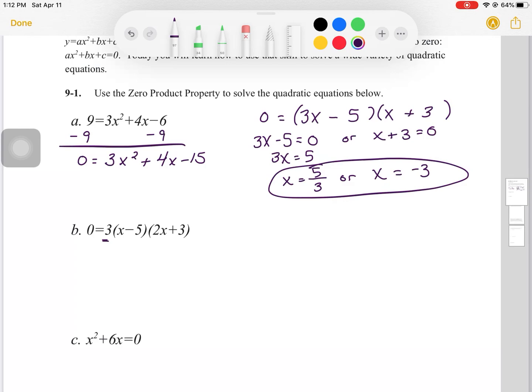In B, the 3 here doesn't really have any impact on the zero product property because it is a constant. There's no variable with it, so there is no way for 3 to become 0. So in this situation, either x minus 5 is going to equal 0, or 2x plus 3 is going to equal 0.